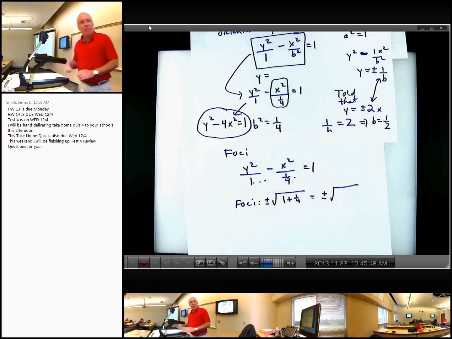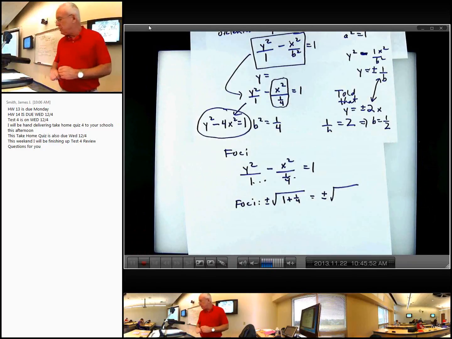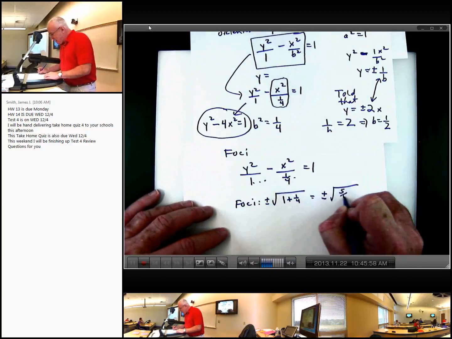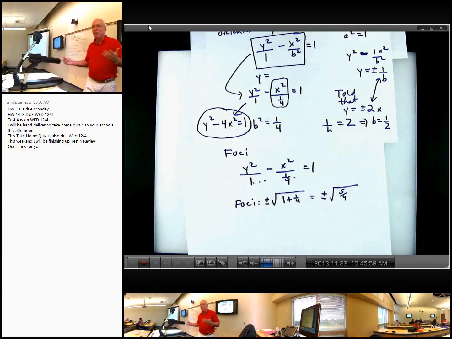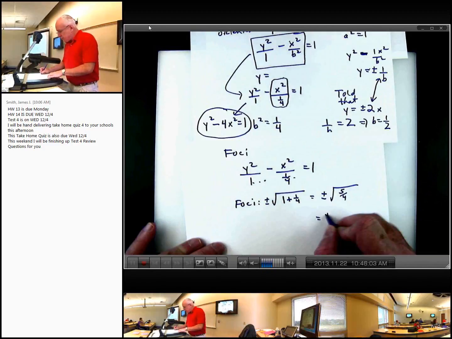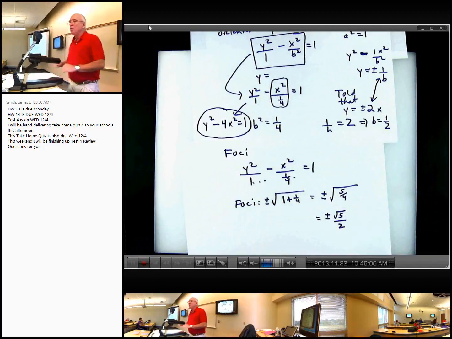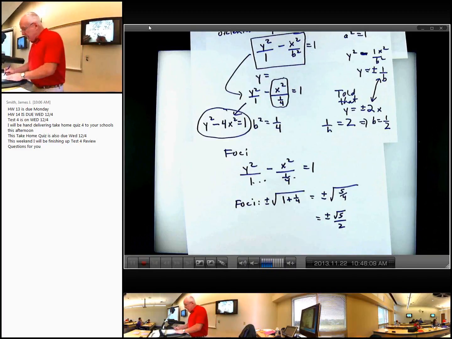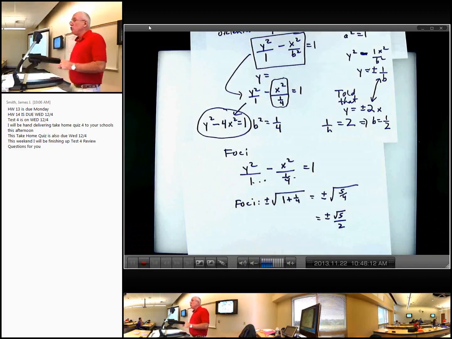What's another way of writing, as a fraction, 1 plus 1/4? 5 over 4, right, you jumped right ahead of me. Square root of 5 over 4, and then when we do the square root of that, we have plus or minus the square root of 5 over 2. So those are our foci then, just by adding those two numbers together and doing their square root.